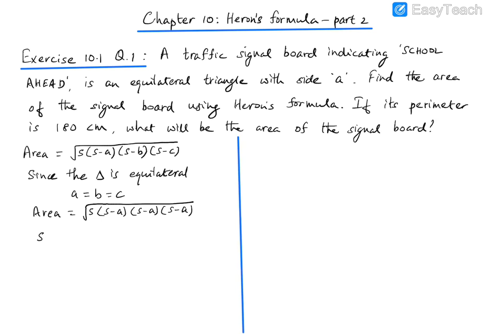So what is S? S is the semi-perimeter of the triangle. The parameter S in Heron's formula represents the semi-perimeter, that means half the perimeter.